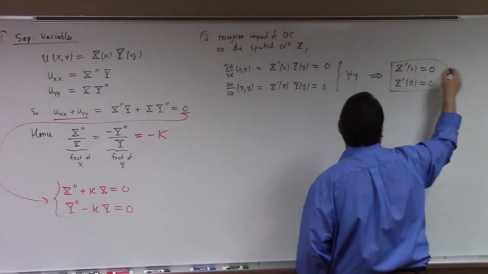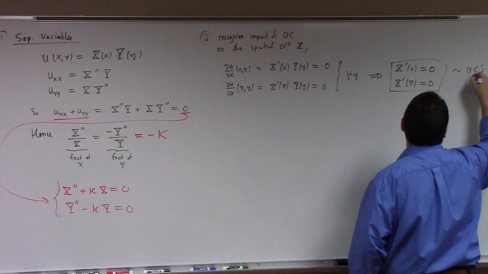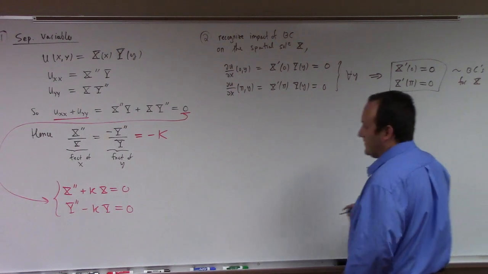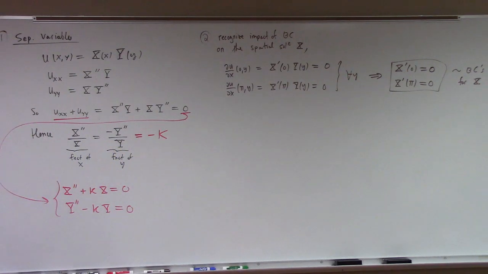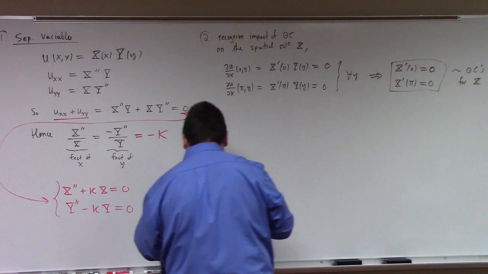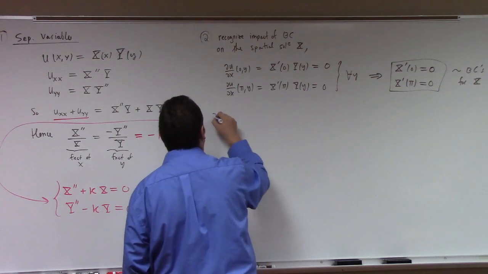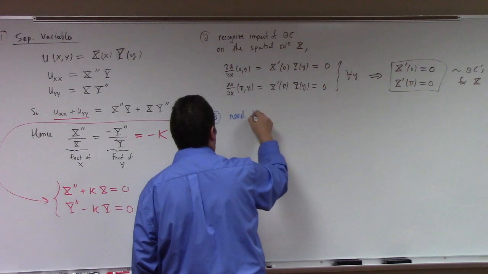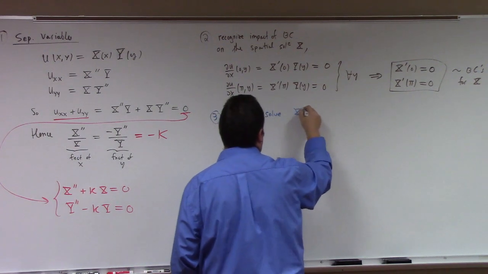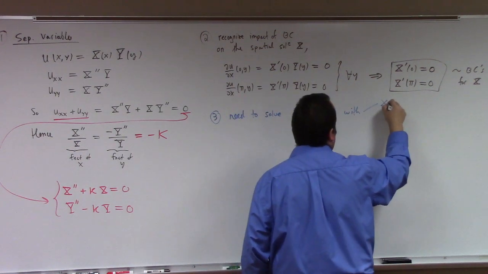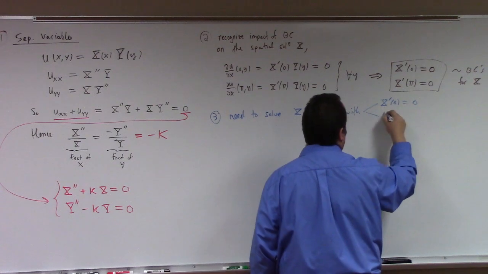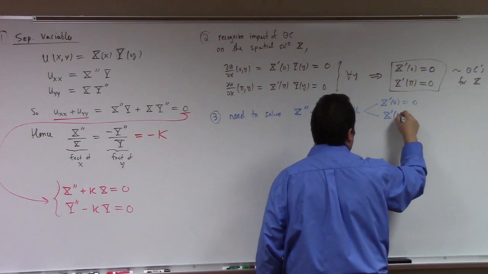So here are the corresponding boundary conditions for X, which is great because that takes us back to the initial problem that I posed, which was solving the boundary value problem. What did we learn? So let's put it all together. We're facing a boundary value problem: we need to solve X'' plus kX equals 0 with X'(0) equals 0 and X'(pi) equals 0.